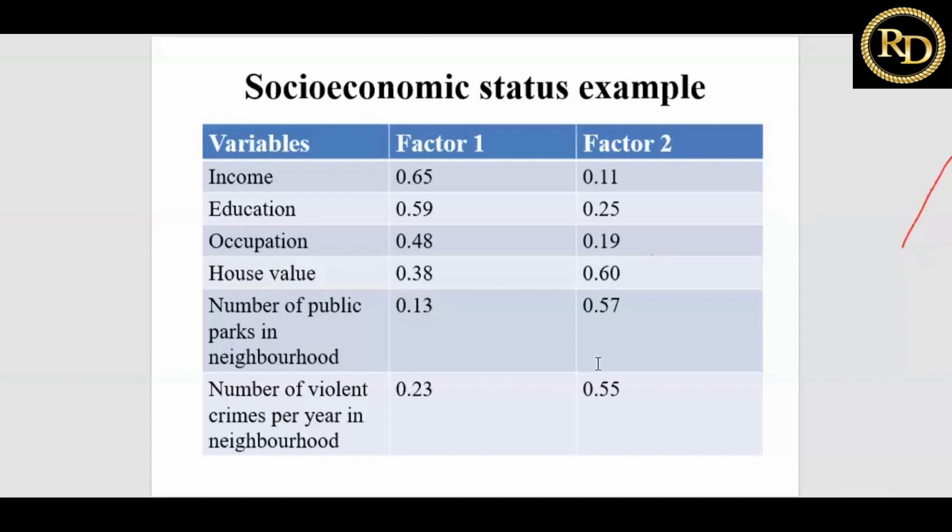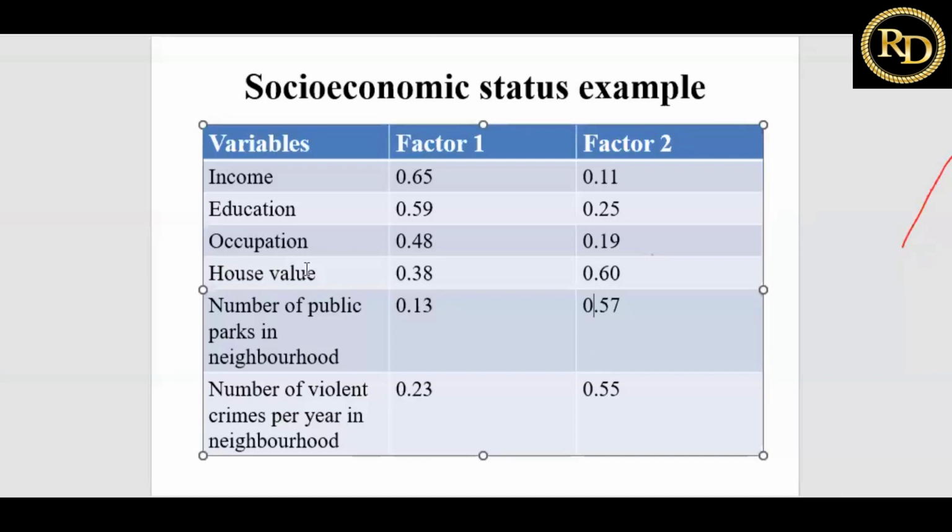Sir, actually, what are these values like 0.65, 0.59? These are your eigenvalues. So that's how we get the two factors. Corresponding to each question, whatever the highest value is coming up, that is linked to that one factor.